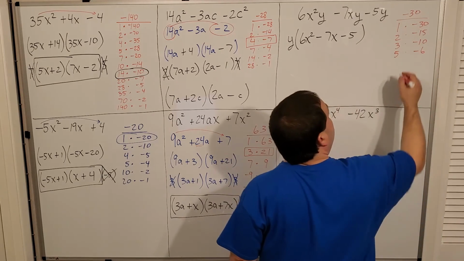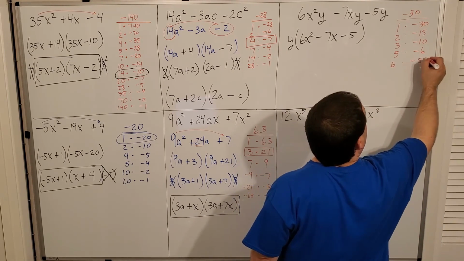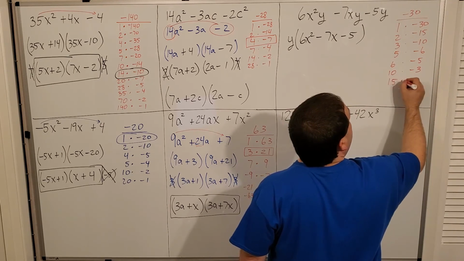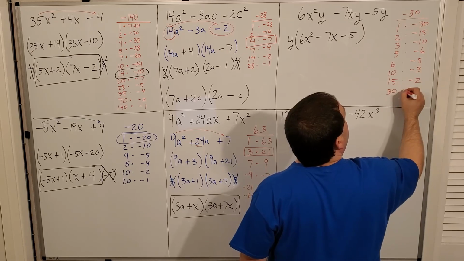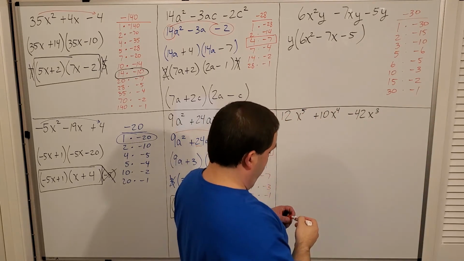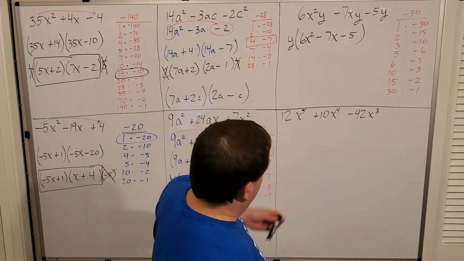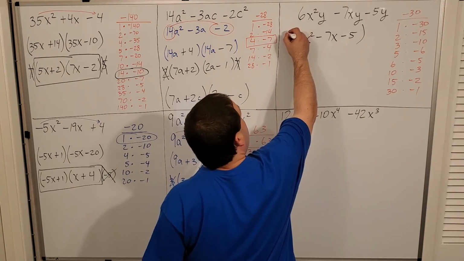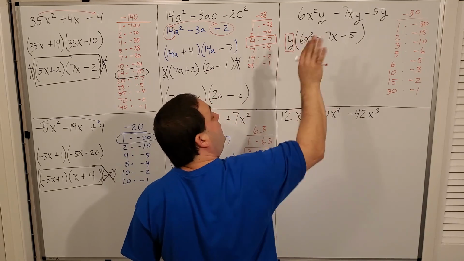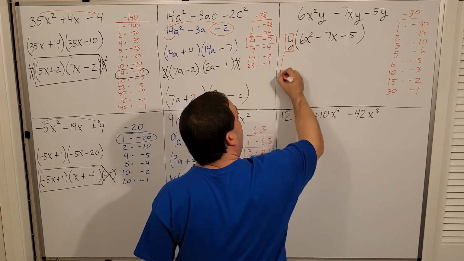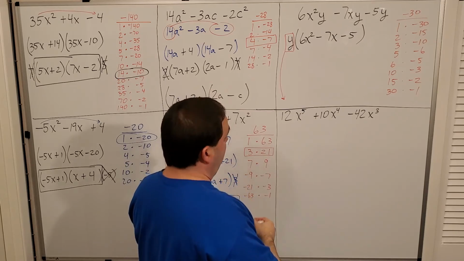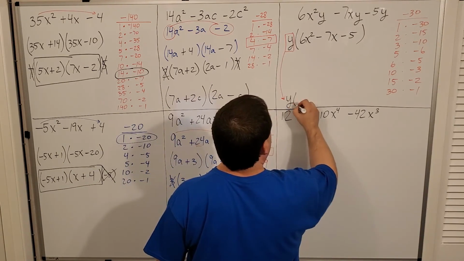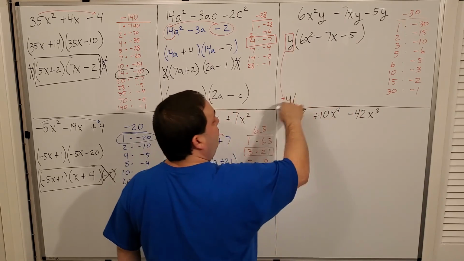And there's my repeat. 6 times negative 5, 10 times negative 3, 15 times negative 2, and 30 times negative 1. Okay, also, don't forget that I'm just going to keep this y sort of in the back, but it's going to be in the final answer. So whatever my final answer is, that's going to be where it is.